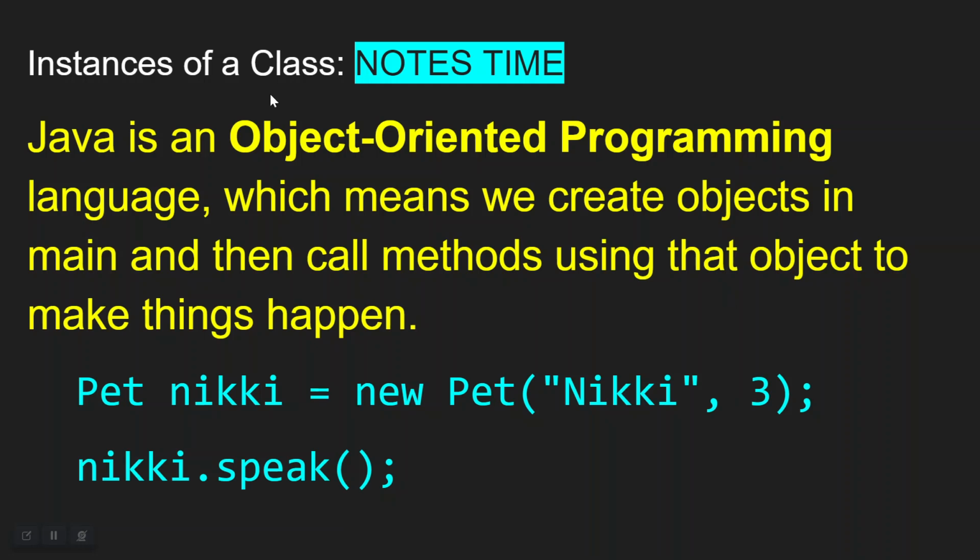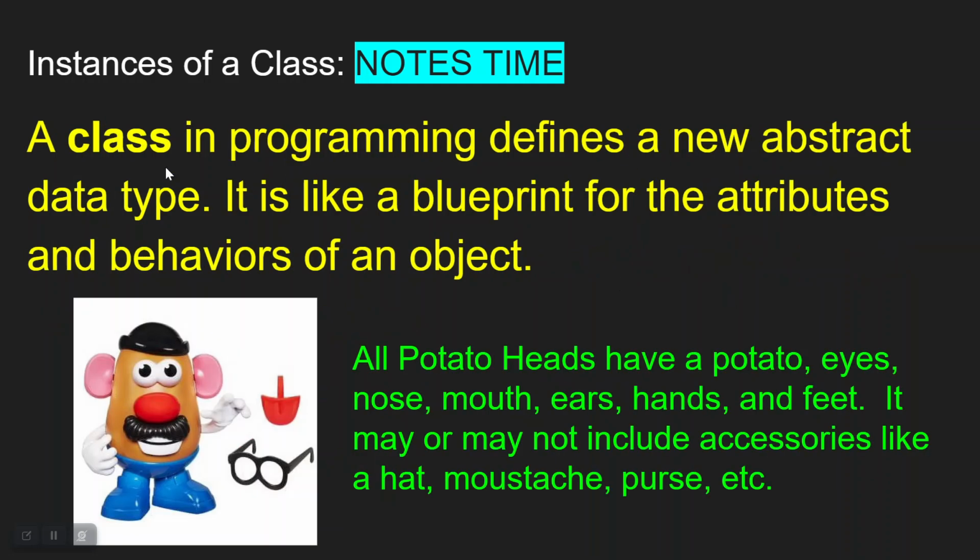But of course, object-oriented programming basically means that before you can do anything, you have to create a class. And a class in programming is what we use to define a new abstract data type. Like ints, booleans, doubles and Strings, we've got data types.